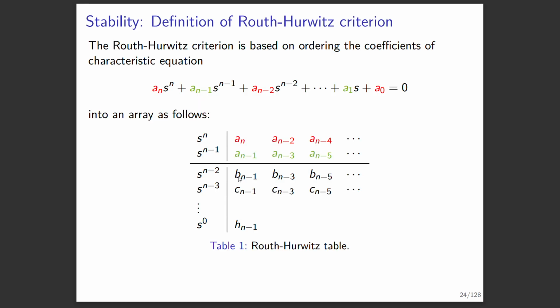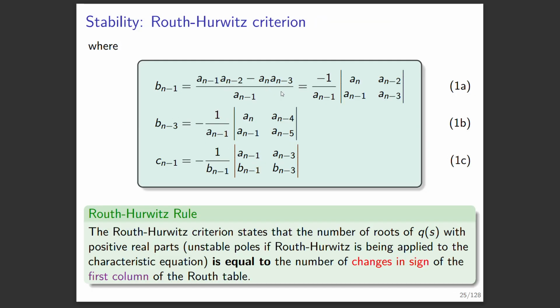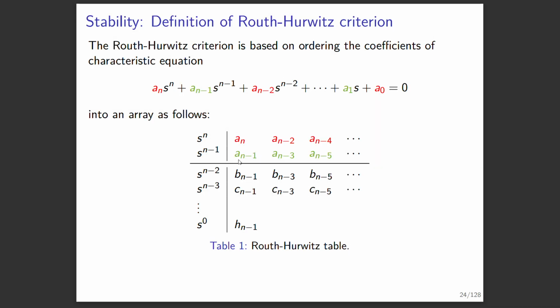To find b_n minus 1, I need to multiply a_n minus 1 with a_n minus 2, then subtract from it a_n times a_n minus 3, and then I divide it by a_n minus 1. But wait a second, I'm saying multiply a_n minus 1 with a_n minus 2, then subtract from it a_n times a_n minus 3. That looks familiar. Where have I seen that?